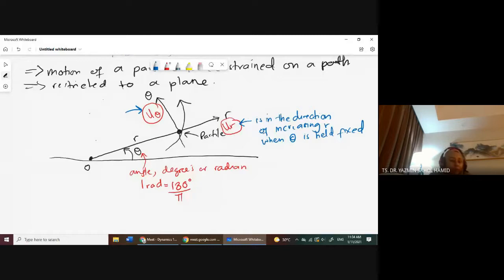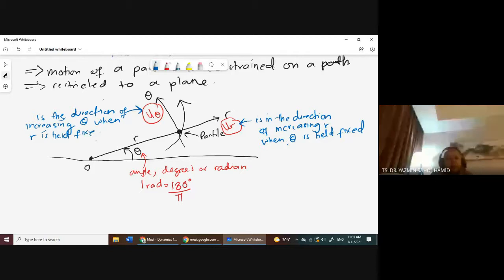And then U theta is the direction of increasing theta when R is held fixed.